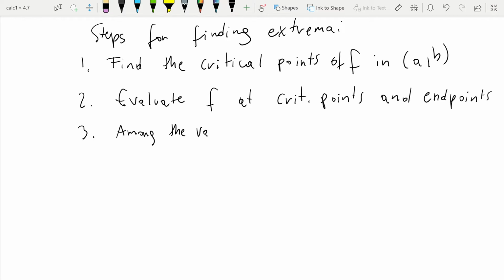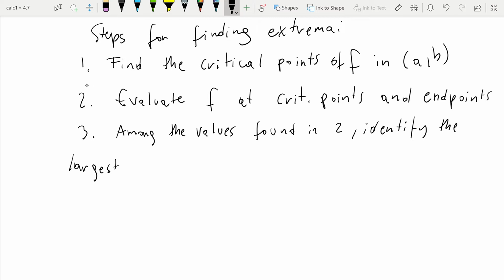So among the values found in 2, we need to identify the largest and smallest value.